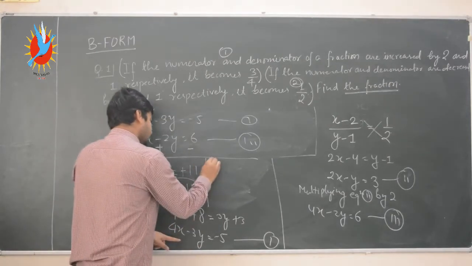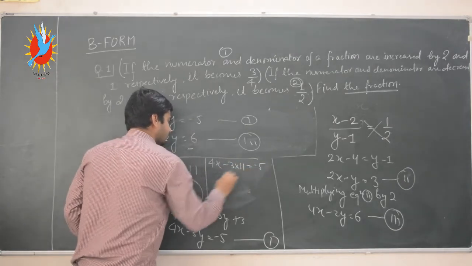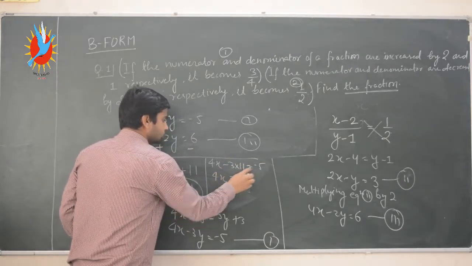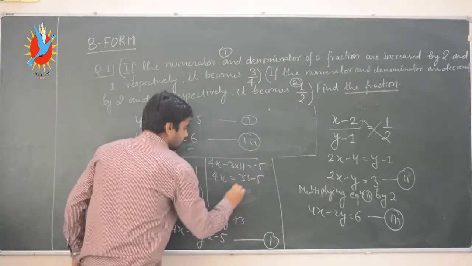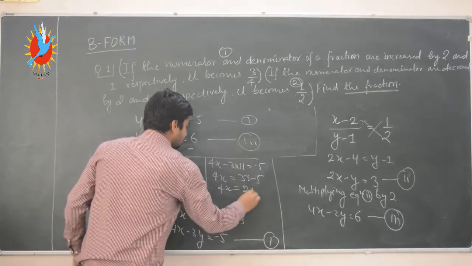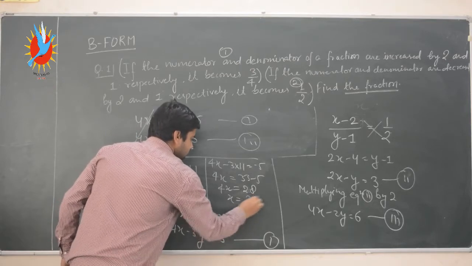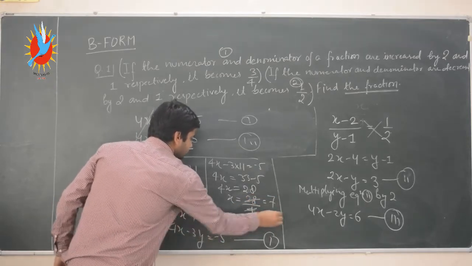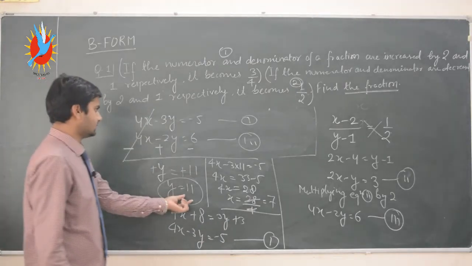We get 4x minus 3 into 11 equal to minus 5. 4x will be equal to 3 into 11, 33, minus 5. So 4x will be equal to 28. Now x will be equal to 28 by 4, and this will be 7. Finally, we got the value of x as 7 and the value of y as 11.